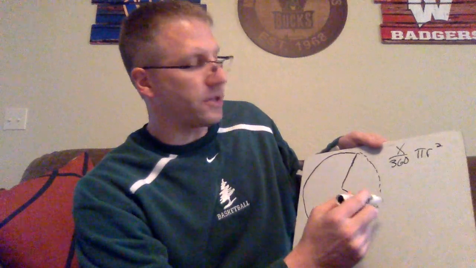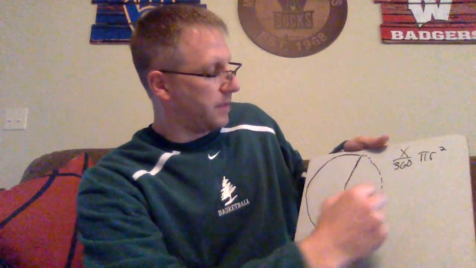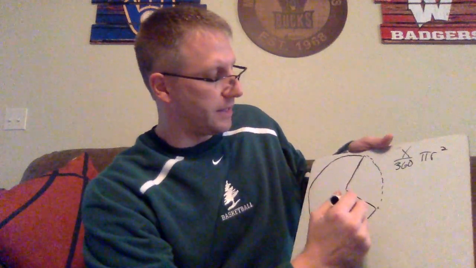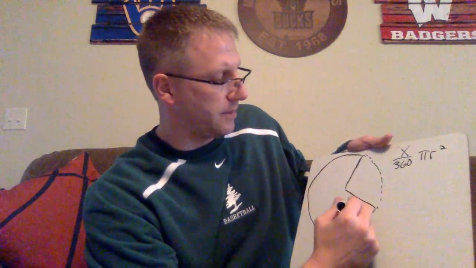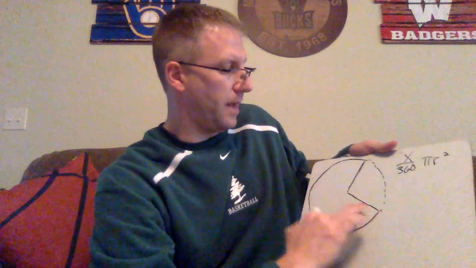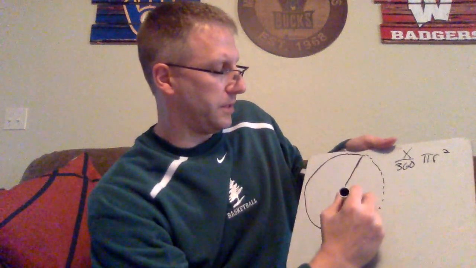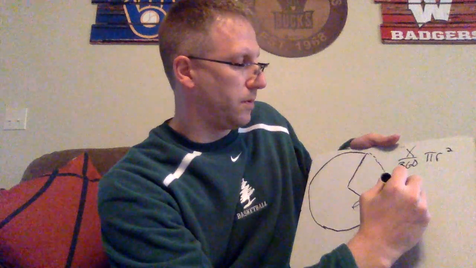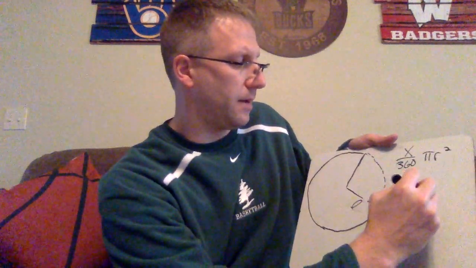Okay, so the 360 is actually the circumference of the circle, 2 pi r, except the radius in this case is L, which is the slant height. Okay, so 2 pi L.